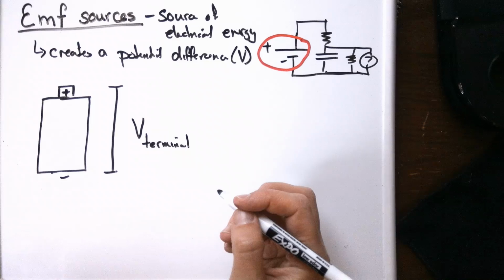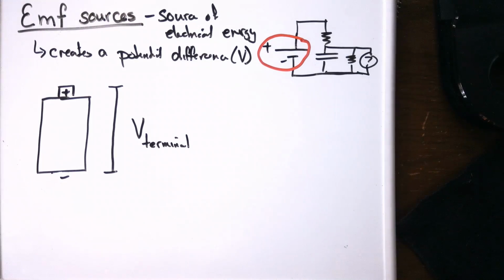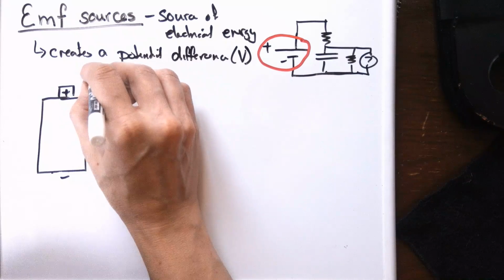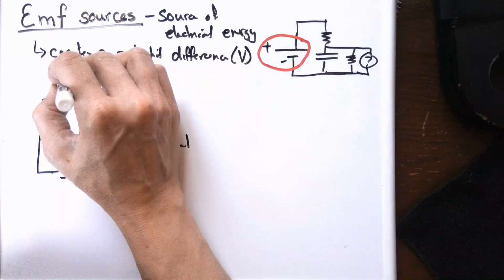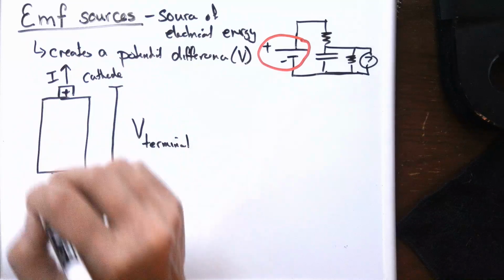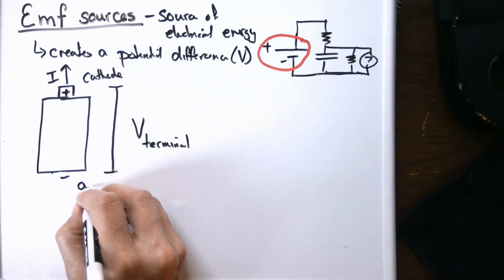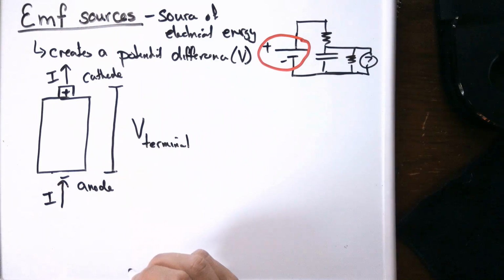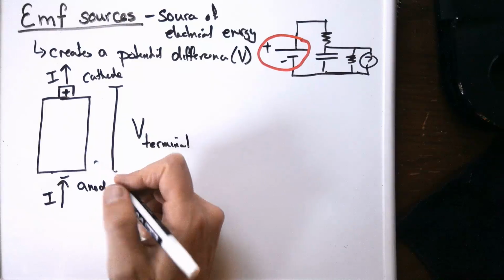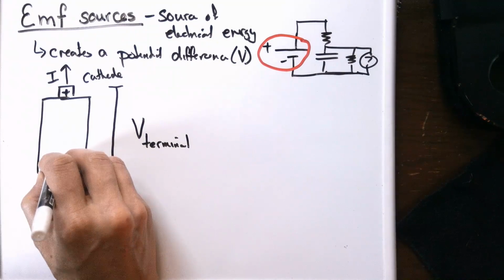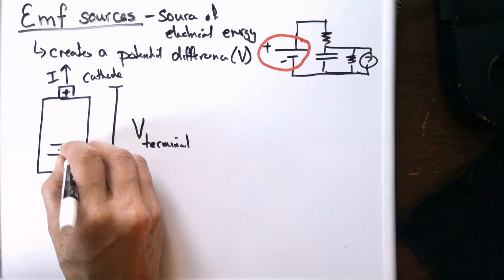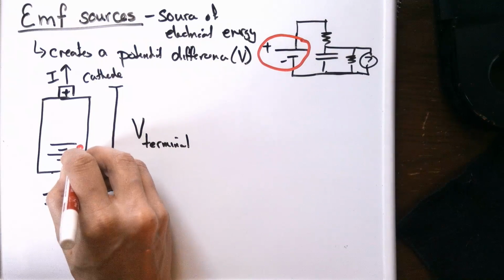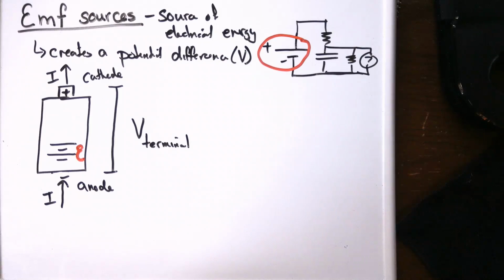And just to give you a little more vocabulary, this positive terminal up here is the cathode on the battery. That is where the current flows out of the battery. Down here, this is the anode. That is where the current flows into the battery. And on the inside of the battery, we've got whatever is providing our EMF. We use a little symbol, squiggly E, like that.